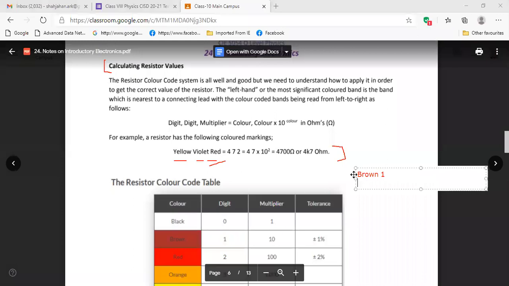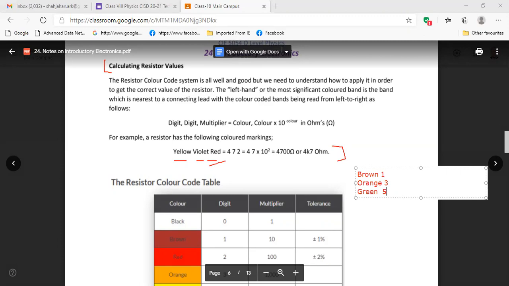Then orange, it is 3. Then green, the third band is green, it is 5. Can you calculate the resistance? How much will it be? 13 times 10 to the power 5 ohms. Yes, so this way you have to calculate. That's it. Can't you do this?